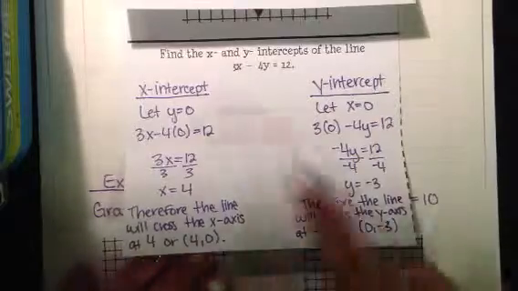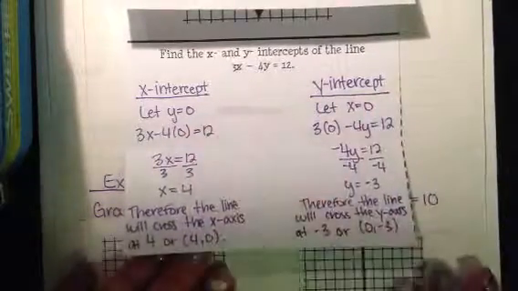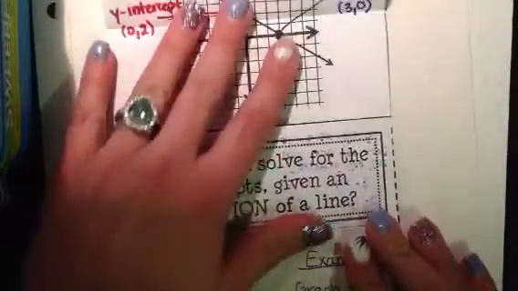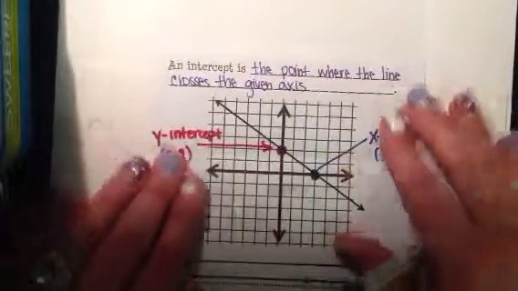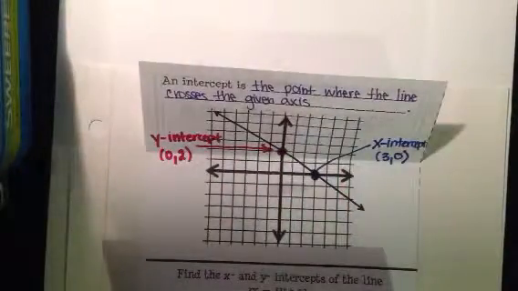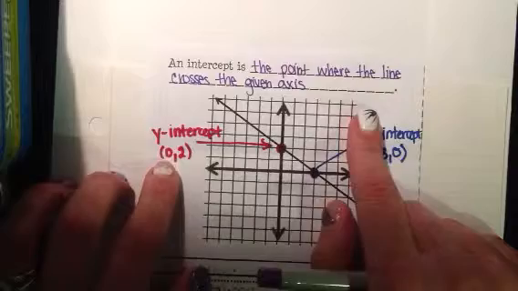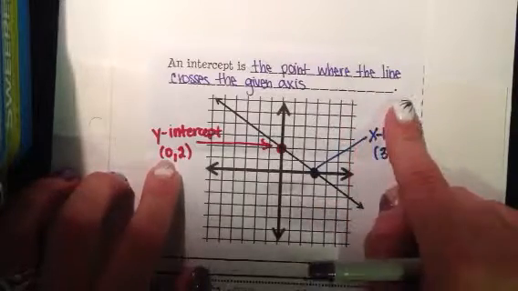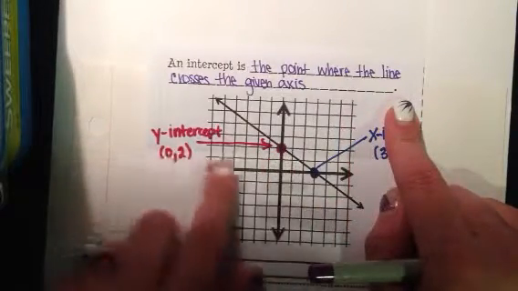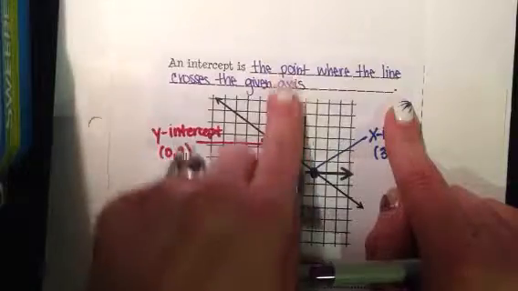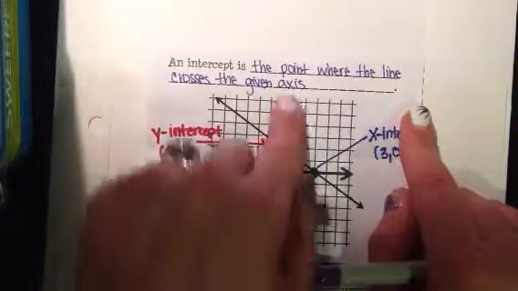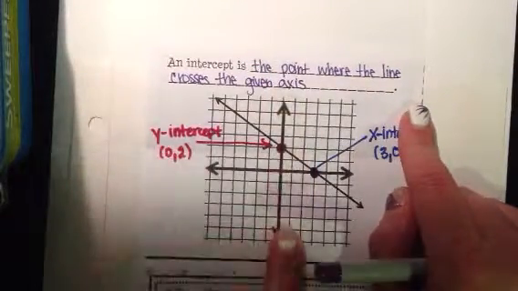So you might be asking why I'm plugging 0 in to solve for the intercepts. If you flip back up to this top portion here, the y-intercept has an x value of 0. The y-intercept will always have an x value of 0. Anywhere on the y-axis, the x is 0.